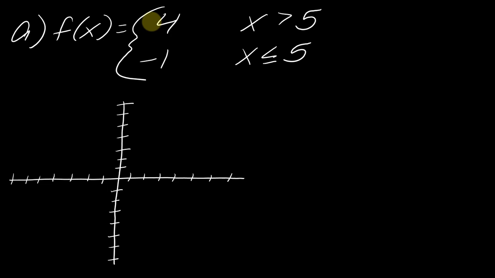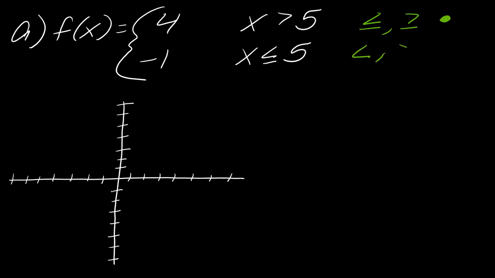The thing I really want to focus on is this part right here. This is kind of like your breaking point. The methodology when you're graphing is that if you have less than or equal to or greater than or equal to, you use a closed dot.